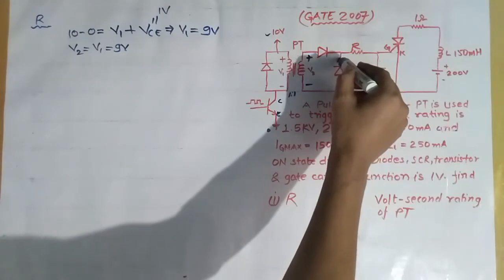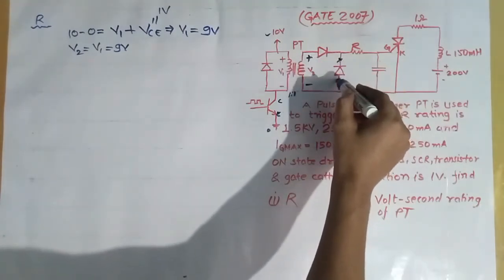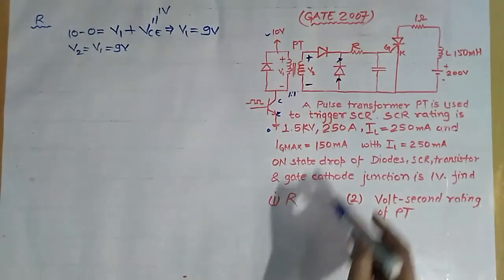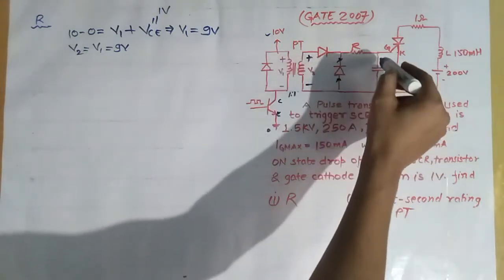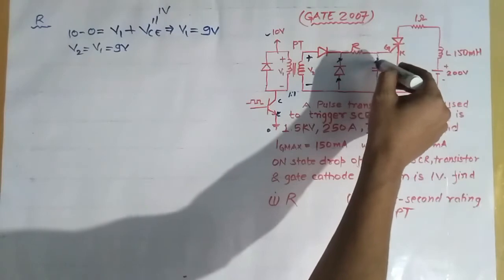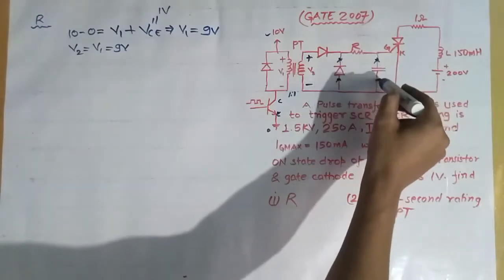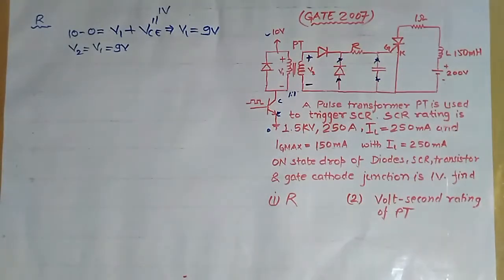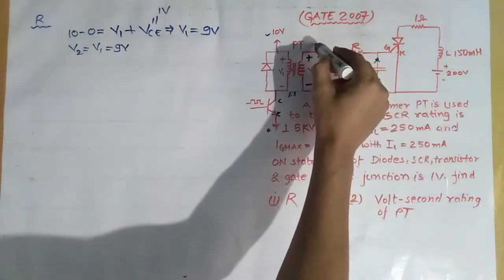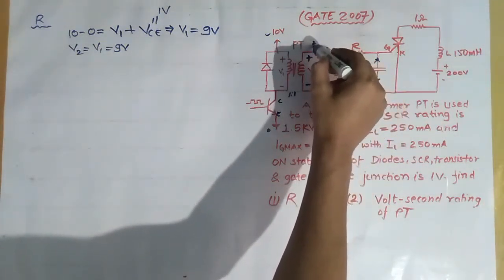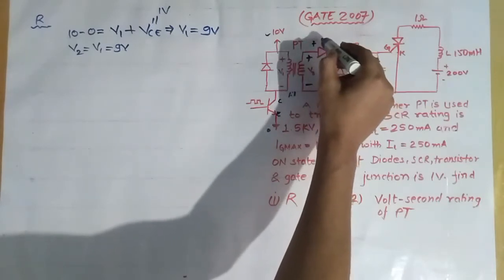During reverse bias it will act as open circuit. And this capacitor also, for this voltage source, acts as open circuit. And this diode is on, and we know that the forward voltage drop of all the diodes is 1 volt.